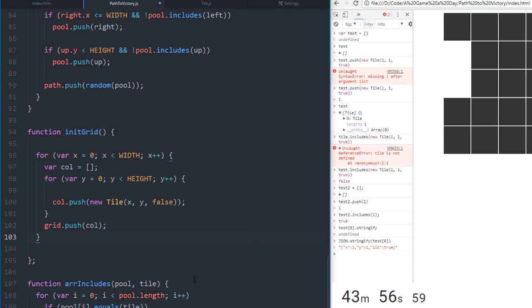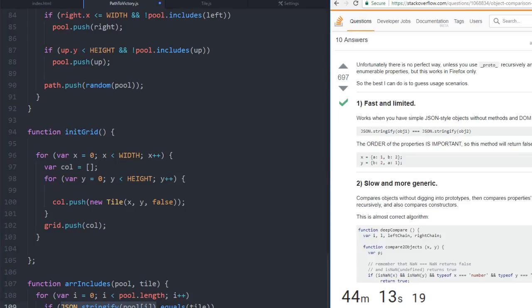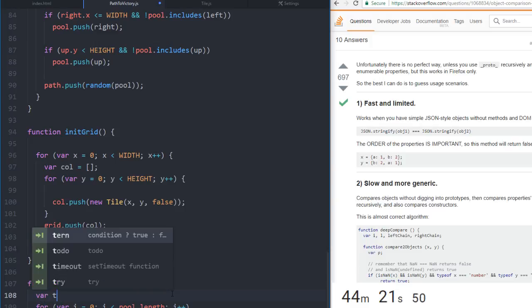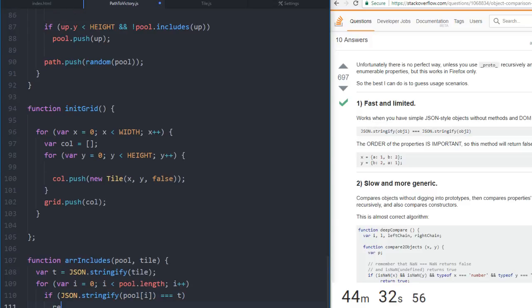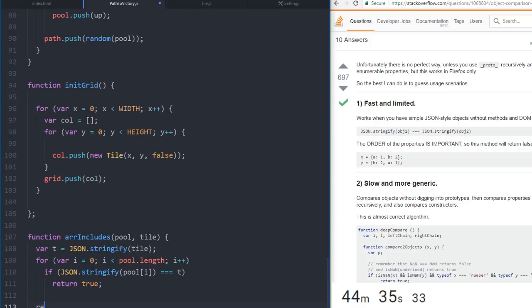Okay, I'll just do that. If pool of i, here we'll say JSON.stringify pool dot equals. They use a triple equal sign. Here we'll say var t equals JSON.stringify tile, say equals t, return true, return false.